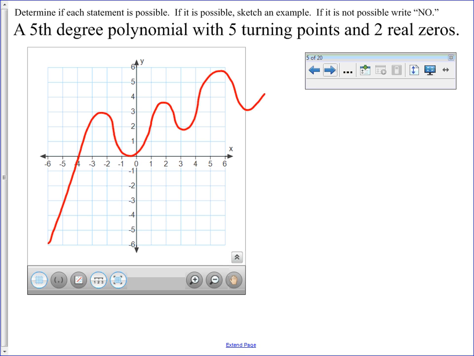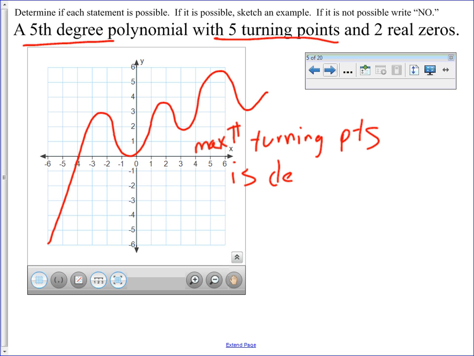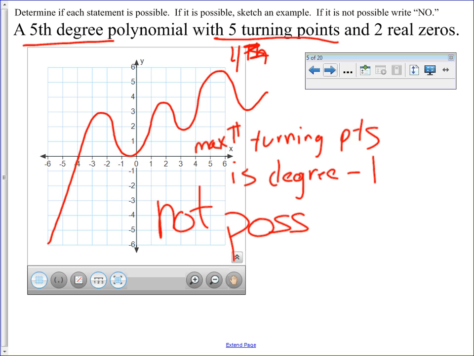You can't do it, because 5 turning points on a fifth degree can't happen. Remember, the max number of turning points is degree minus 1. So if it's fifth degree, the max number of turning points I'm allowed is 4. So this is also not possible.